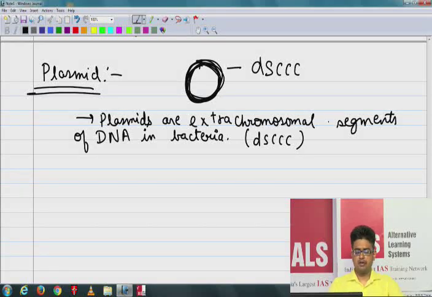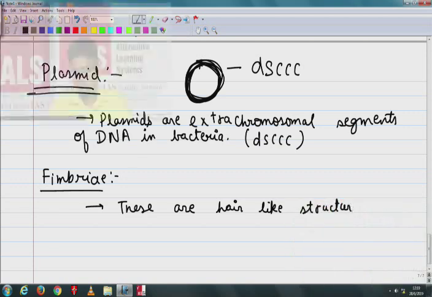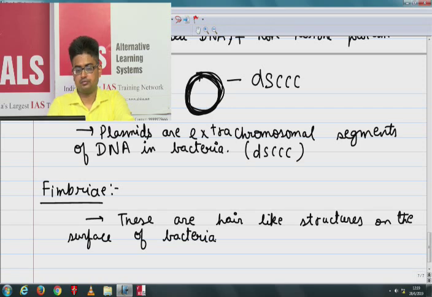Now there are fimbriae and pili. Function of fimbriae: these are hair-like structures on the surface of bacterium, and they help in attachment.